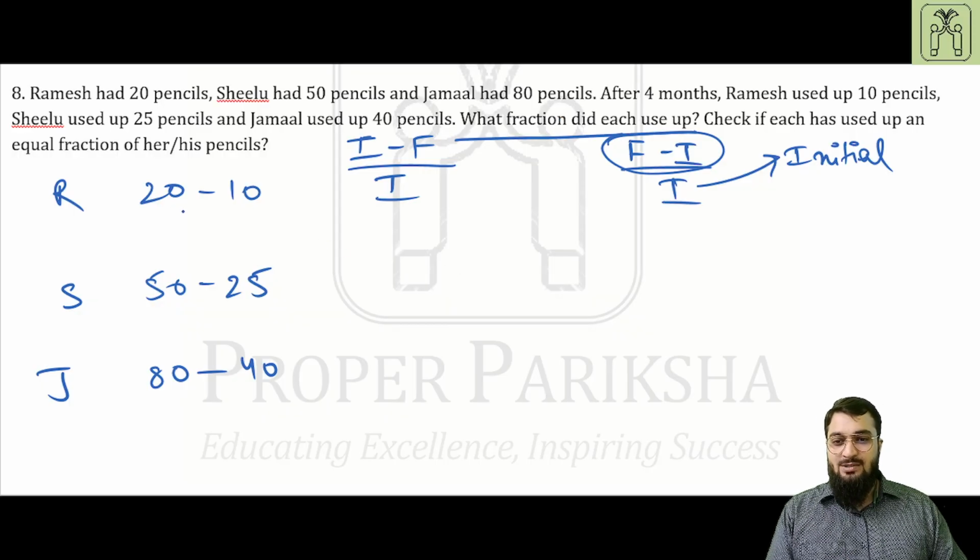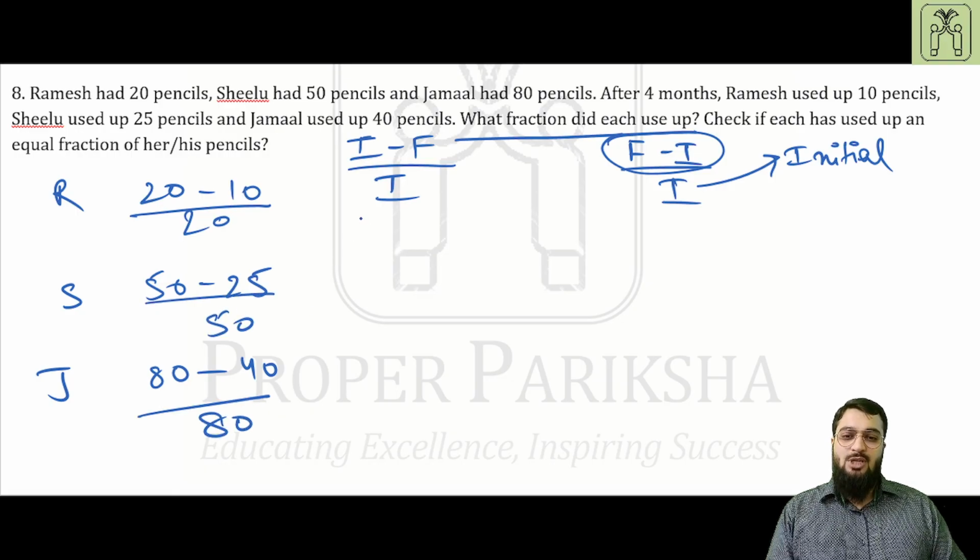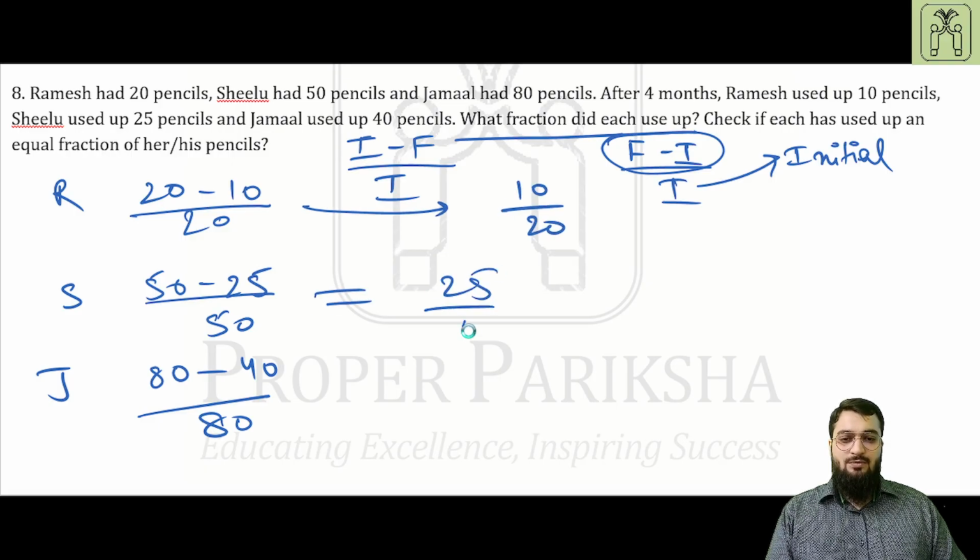And the subtraction is done on the basis of the thing which is greater in magnitude. So 20 minus 10 upon the initial, which will be 20, then 50, then 80. So the answer will be 10 upon 20, 25 upon 50, and 40 upon 80. And you can see that all three of them have the same equivalent fraction, that is 1 upon 2.